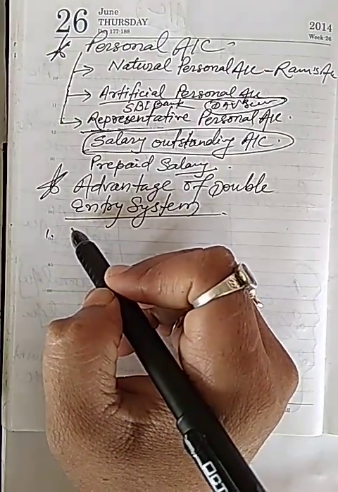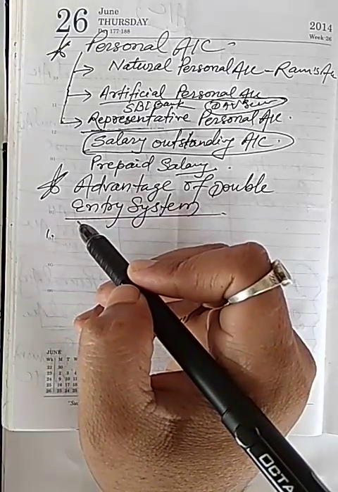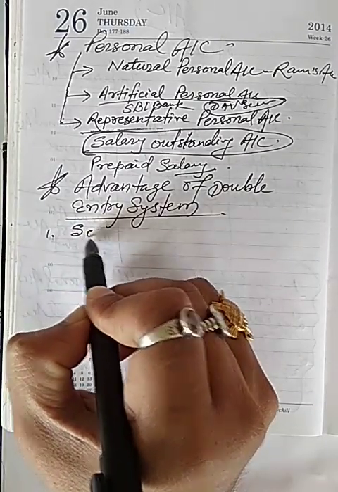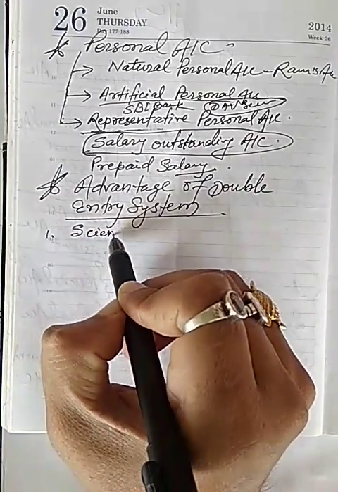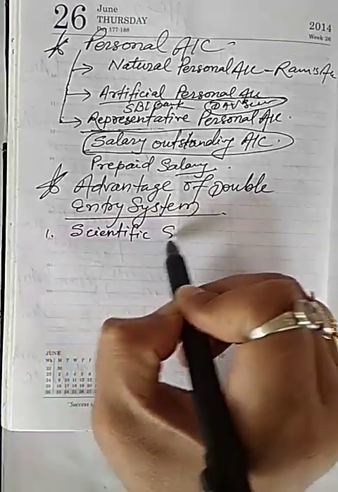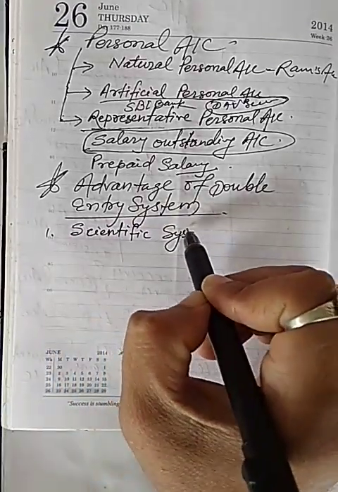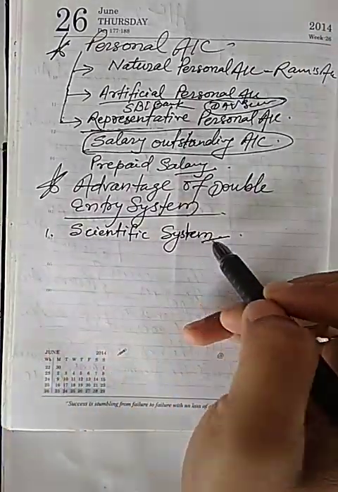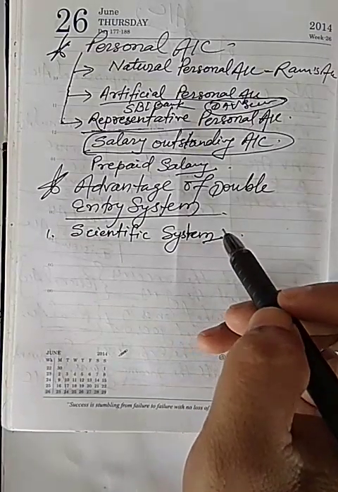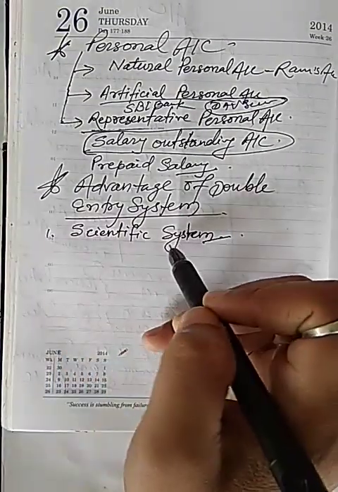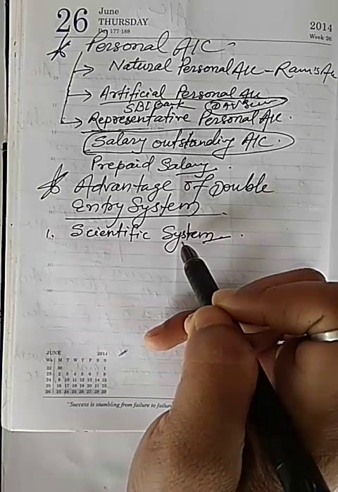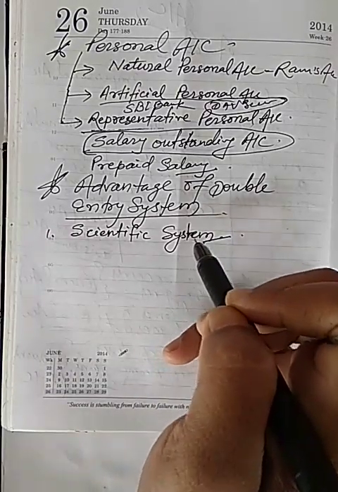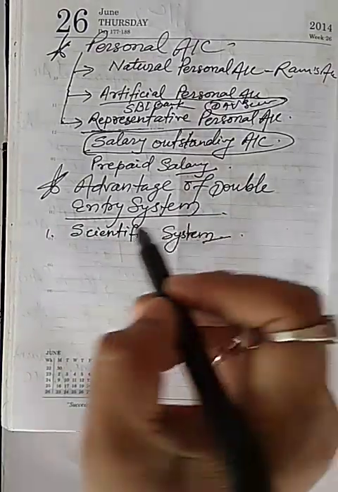First advantage is that it is a scientific system. Under this system, the transactions are recorded according to certain specified rules, and as such the system is more scientific as compared to any other system of bookkeeping.